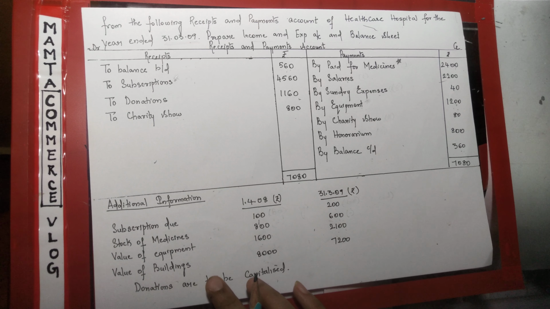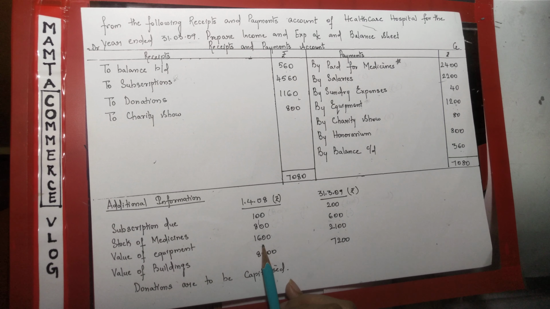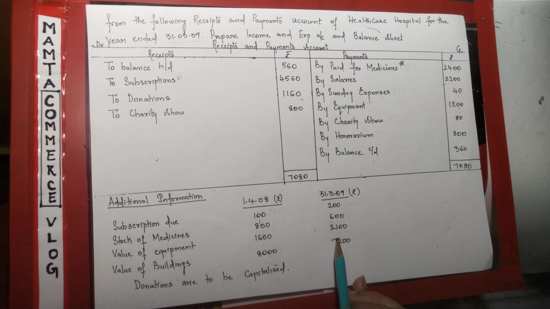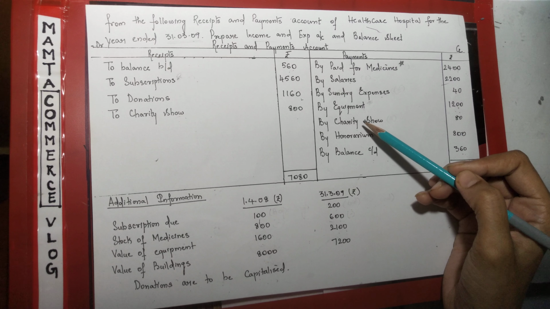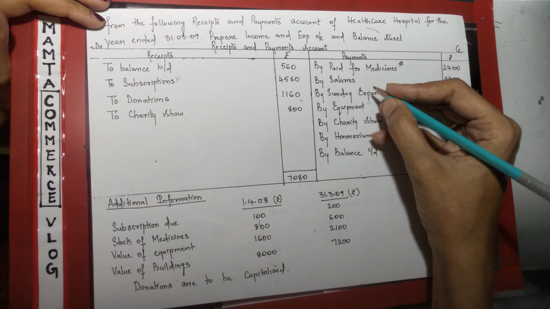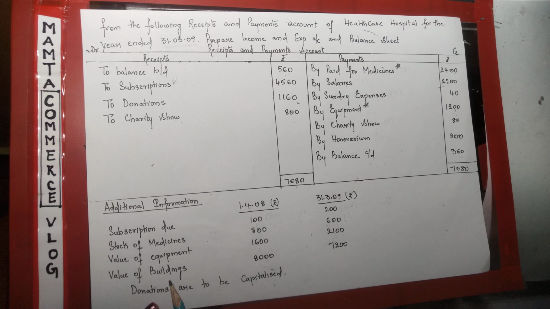Next we have value of equipment. So the value of equipment is an asset. The opening value of equipment is 1600 and the closing value of equipment is 2100. For this equipment, there is also a point given on the payment side. We will put a star mark there. Next we have value of buildings.